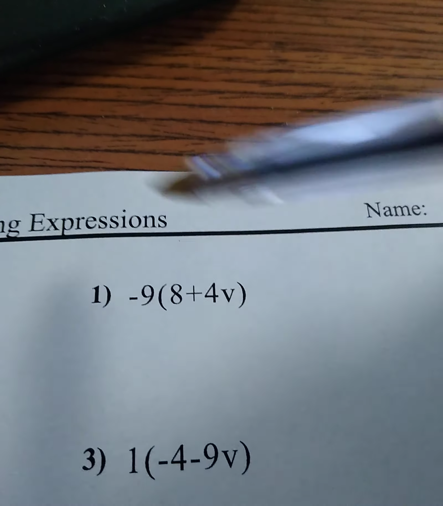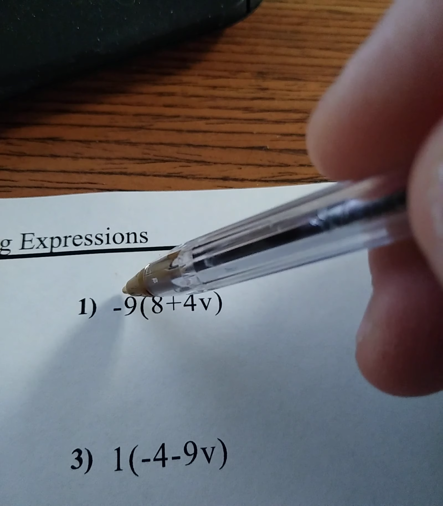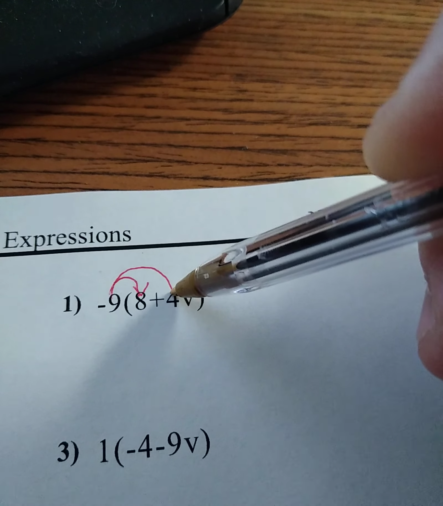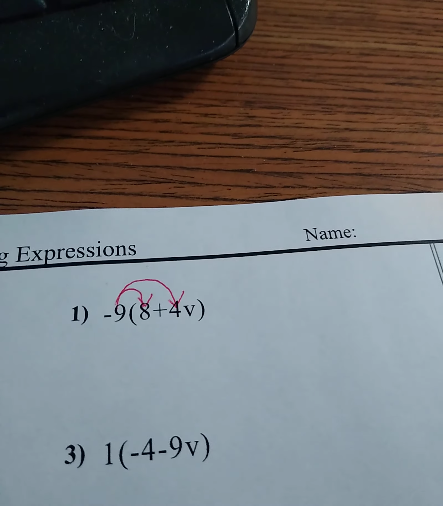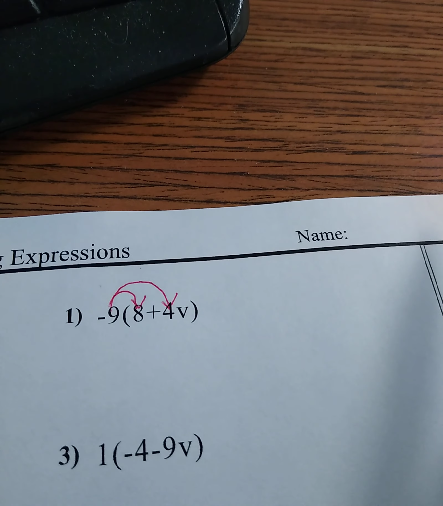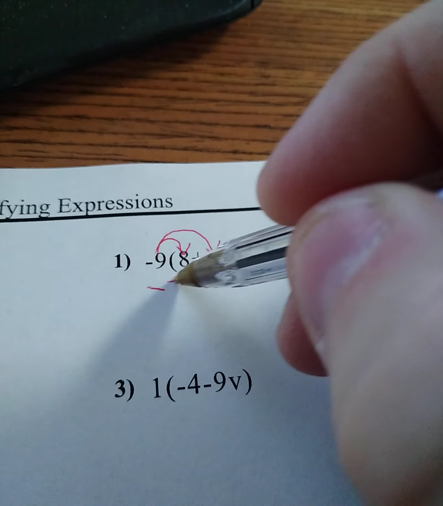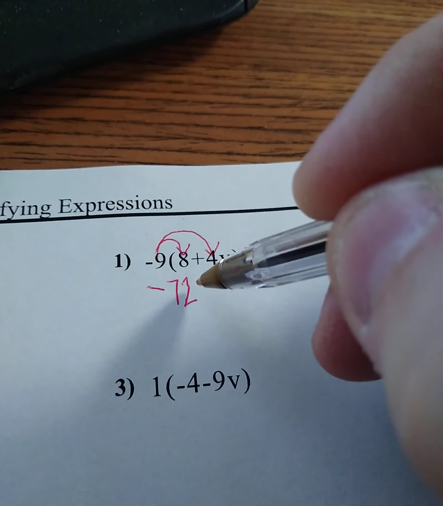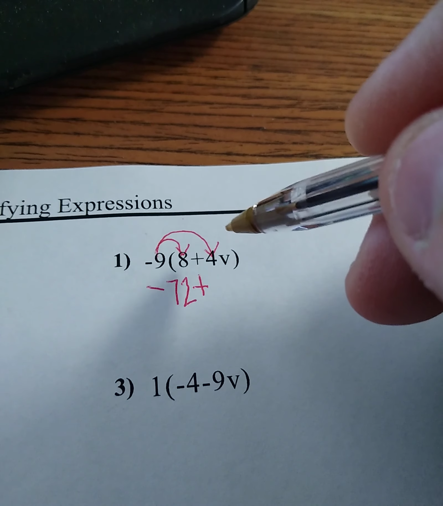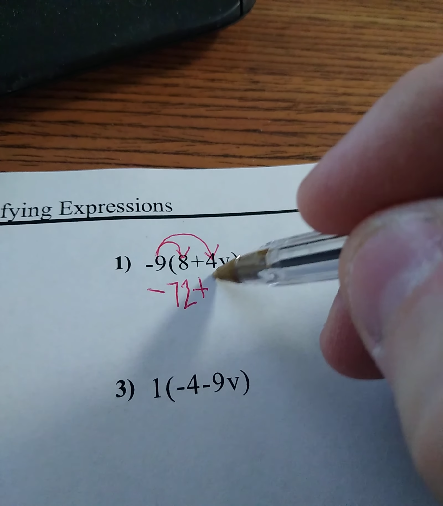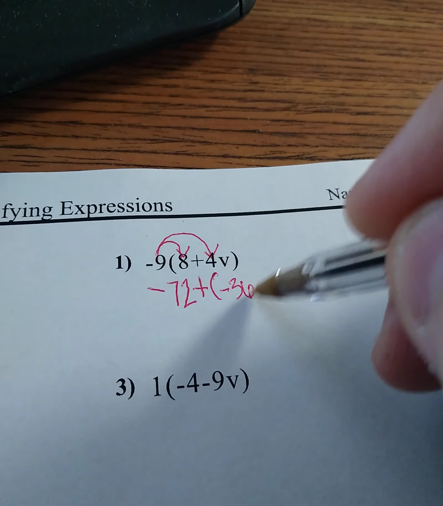So let's look at this one here. This one only has two numbers. So remember, you're going to multiply -9 times 8, -9 times 4v, okay? So -9 times +8 is -72, okay? Plus -9 times 4 is -36v.